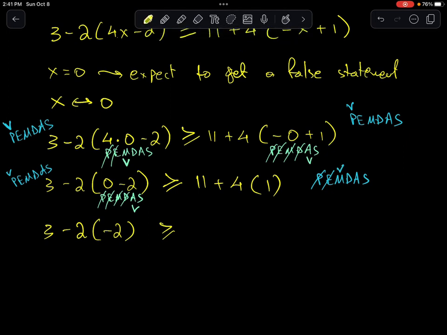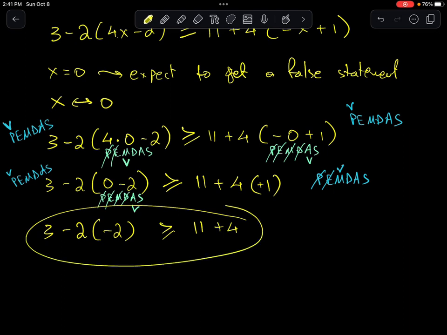And let's see what happens. 11 drops, and then you have plus 4 times the multiplication that we're doing, 1. Well, anything times 1 remains unchanged. So here is plus 4. If you want to see it, keep in mind that this one is positive, so you have positive times a positive gives you a positive, and then 4 times 1 gives you a 4. Okay, so we have new line here.